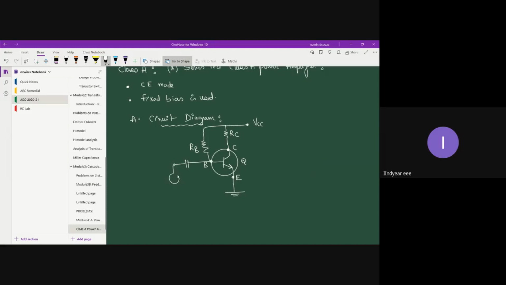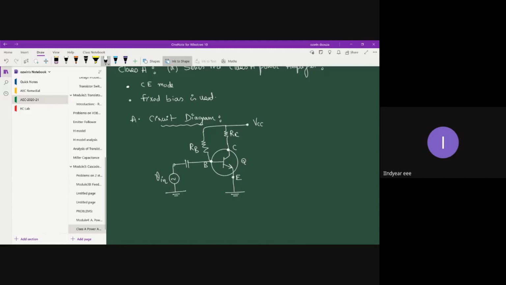Let's say this is your alternating signal, V in. V in is the AC signal which is coupled across base and ground, and VCC is the DC power supply voltage, which is connected at the collector side.